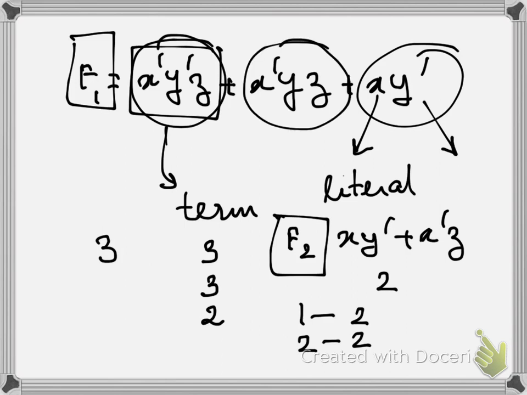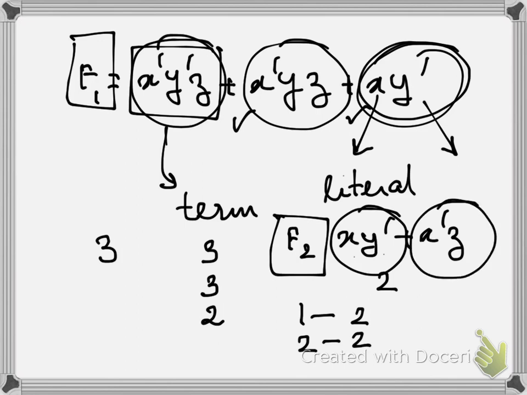Here also I have to do 1 complement and 2 AND operators. And here I have to do 1 complement and 1 AND operator. And finally I have to do 2 OR operators. For f2, here I have to do 1 complement, 1 AND. Here 1 complement, 1 AND, and only 1 OR operator.